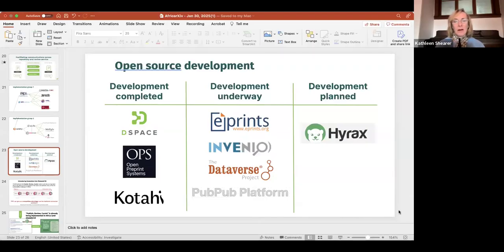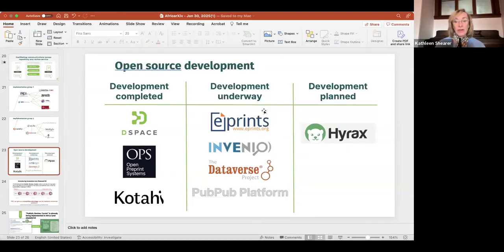Here are the open source platforms that have been developed: DSpace, Open Preprint Systems and Kotahi, and there's development underway on these other systems here. Planned for Hyrax, a Samvera platform.